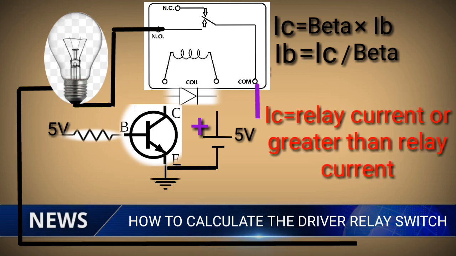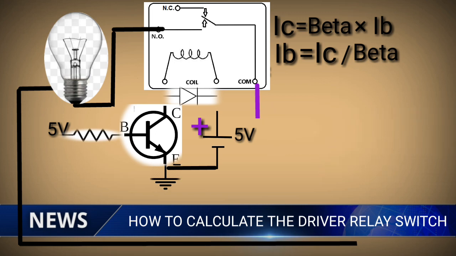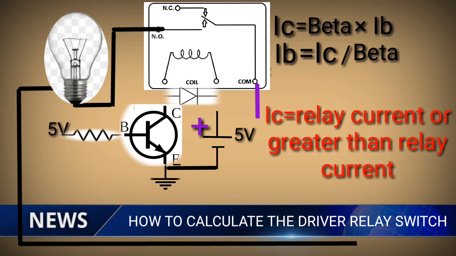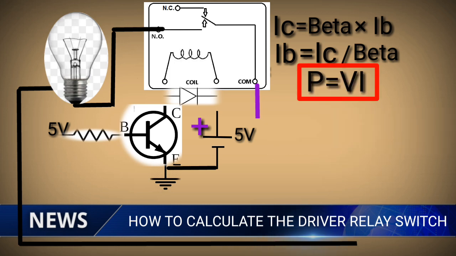To calculate the rated current of the relay switch, let's apply the power formula and substitute the given values.